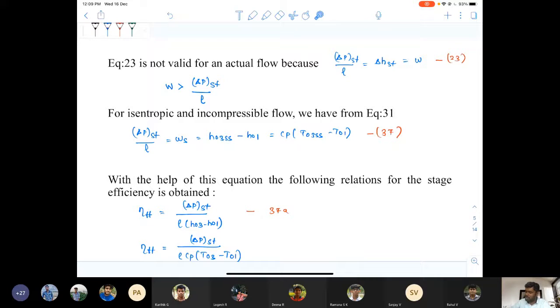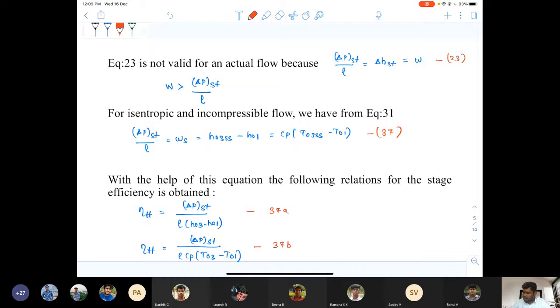That is, the first equation is in the form of enthalpy, where the difference in enthalpy equals Cp times delta T, and the next equation we have described in the form of temperature. This equation is considered as 37B.